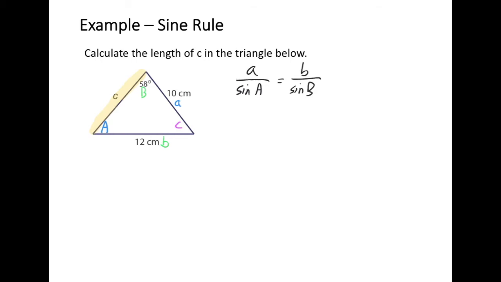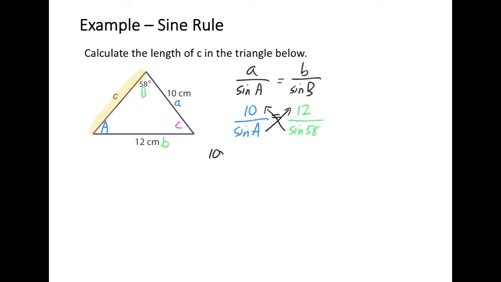Next, I will substitute in my values. So I'm going to have a side of 10 over sine of capital A, and that is going to be equal to a side of 12 divided by sine of 58. So now I can go ahead and cross multiply to continue to be able to solve and find my missing angle A value.